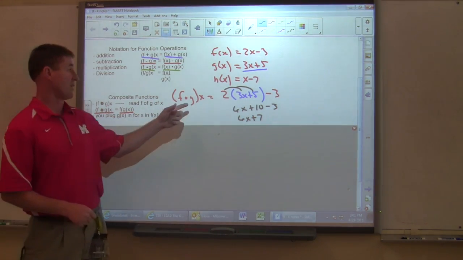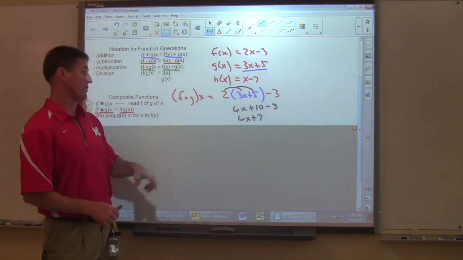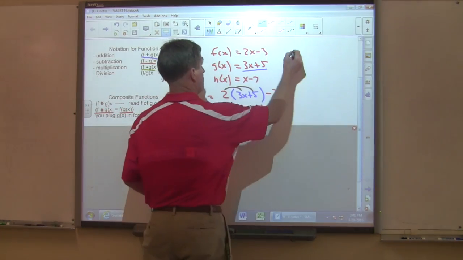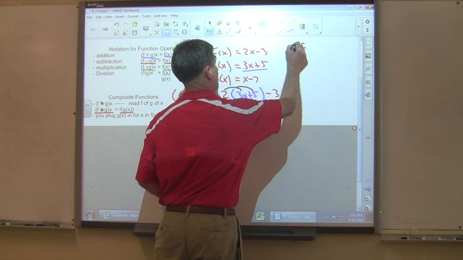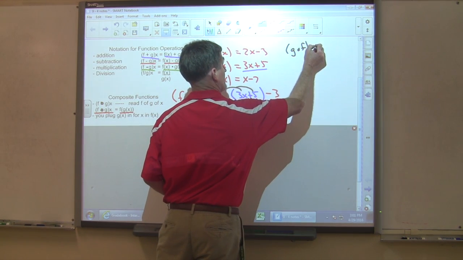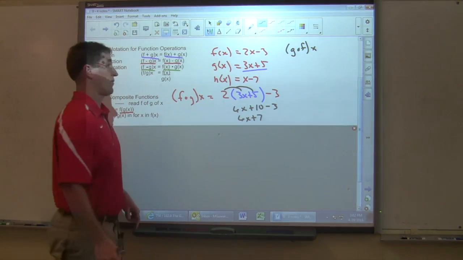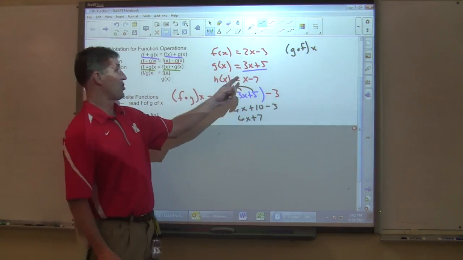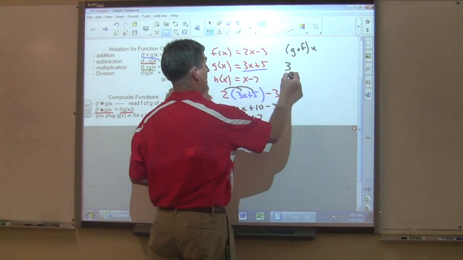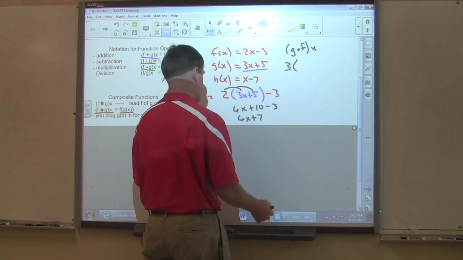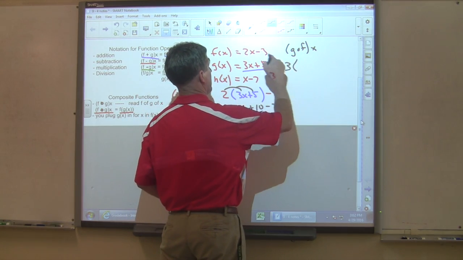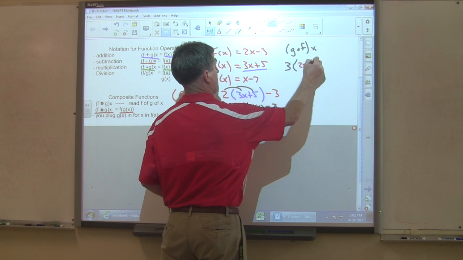So we're taking the second function into the first function. So let's do g of f of x and take a look at the difference here. Now I start with g, 3, but when I come to x, I'm going to replace it with f, 2x minus 3.